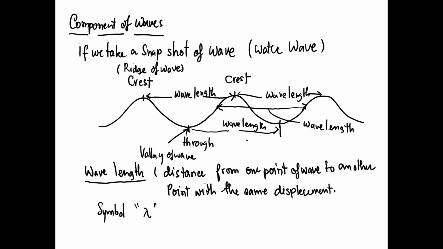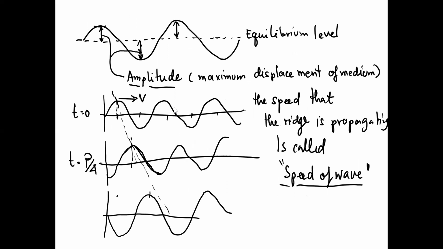It represents the length of one cycle of the wave. So after this wavelength, it will repeat itself. So this is called lambda, or wavelength. Now another term is the amplitude, which is the maximum displacement of the medium. Okay.